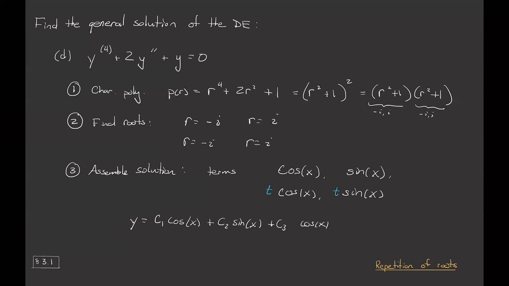I'm going to fill that t in a second, plus C4, fill the t in, sine of x. And that's it. We have a 4th order linear constant coefficient homogeneous differential equation. That should give us 4, I'll just say for now, distinct or distinct enough terms. All right, good.